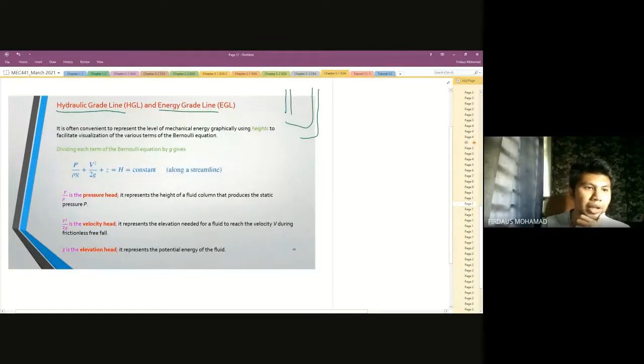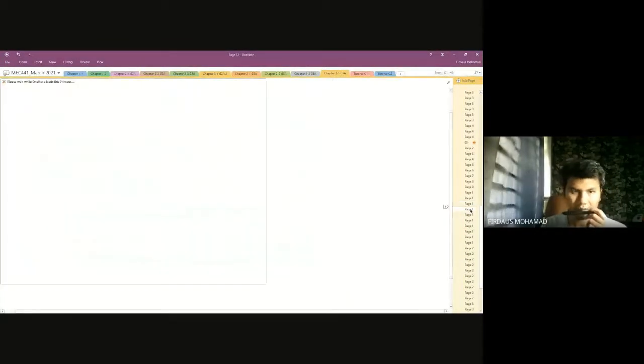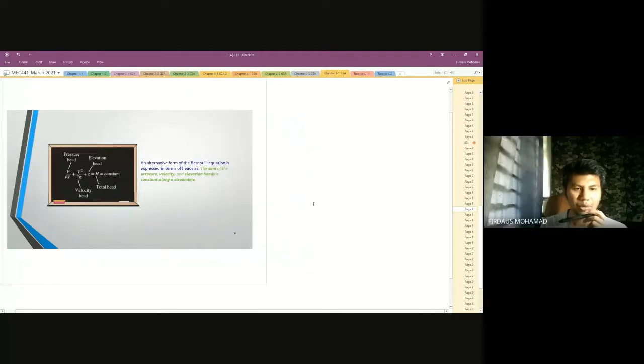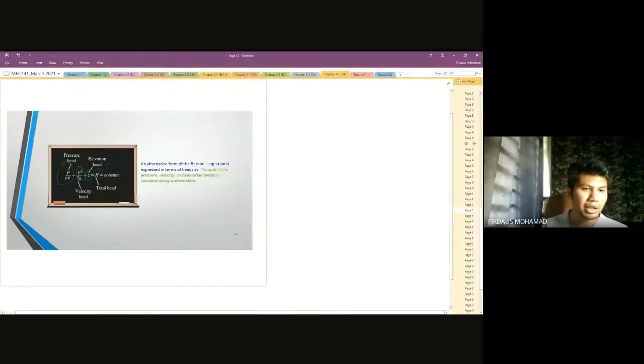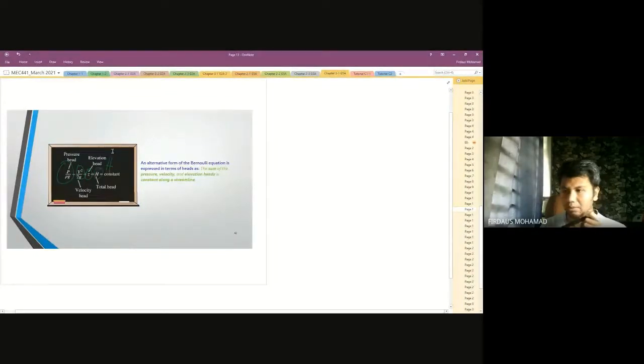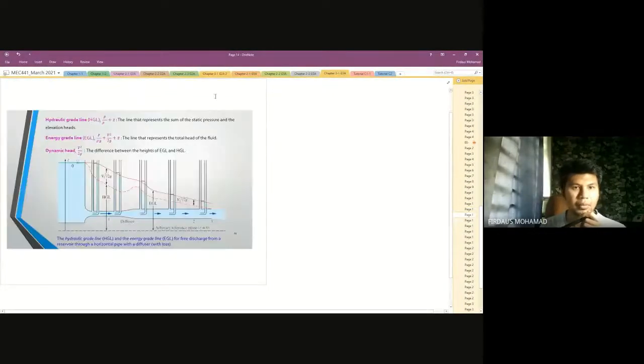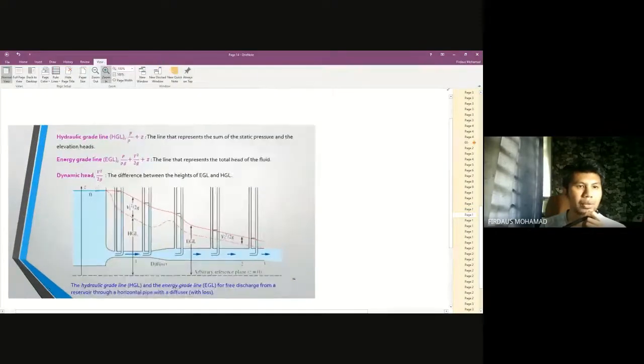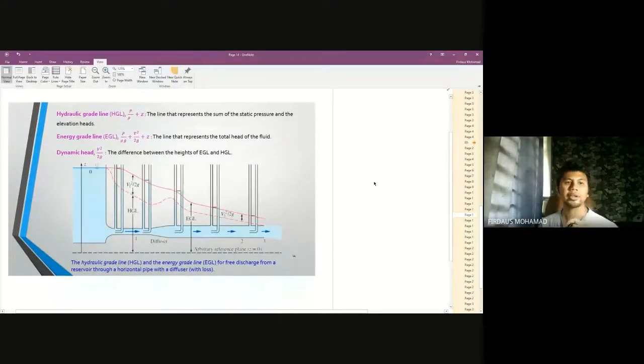Now what is the hydraulic grade line and what is the energy grade line? Total head, H, is the total head: add the pressure, velocity, and elevation or potential head, and we get capital H, which is the total head. So this is how to define the hydraulic grade line and the energy grade line.